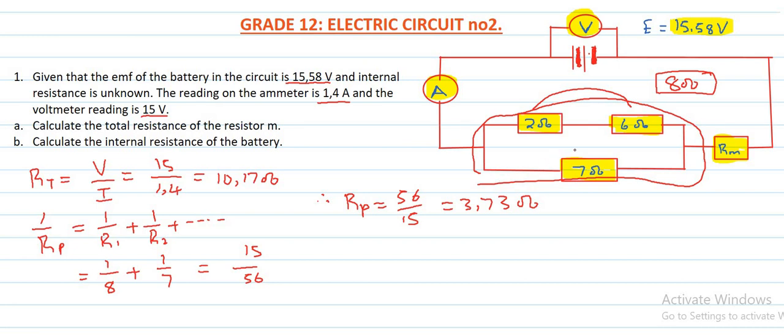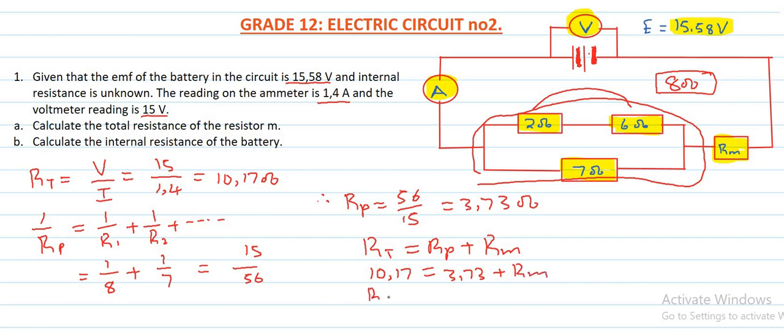When we add R parallel and Rm, that gives us the total resistance. So the total resistance will be equal to R parallel plus Rm. We said R total is 10.17, which will be equal to R parallel, which is 3.73, plus Rm.